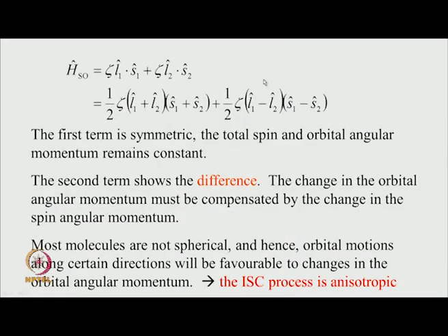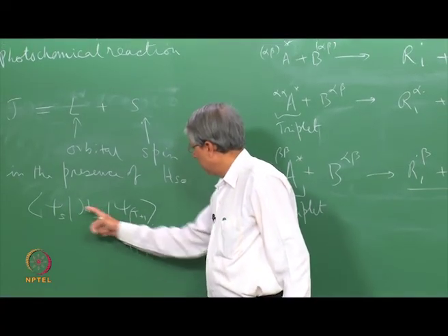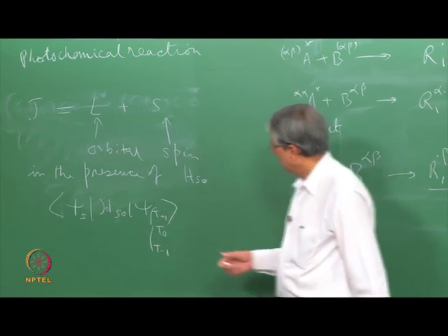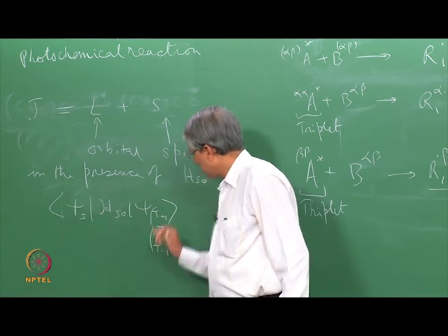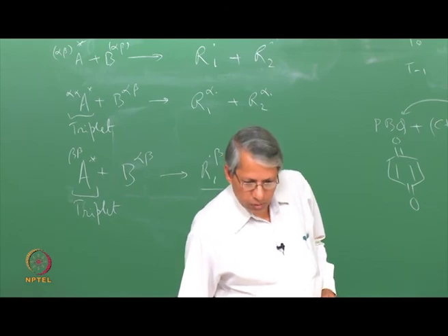So, a little more understanding will come if we try to see why it is possible that different triplet levels may not be equally efficient in this intersystem crossing. For that, a triplet molecule has 2 unpaired electrons.